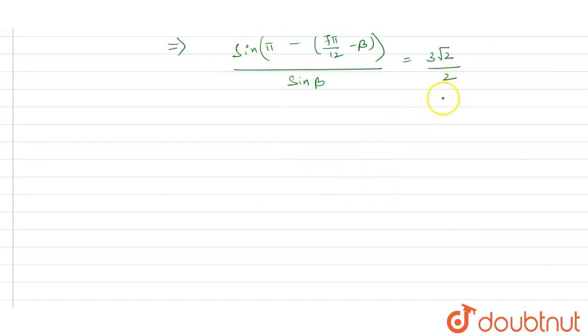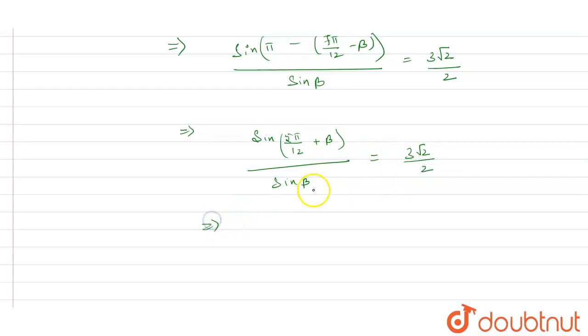So now it will become sine of (5 pi by 12 plus beta) upon sine beta is equal to 3 root 2 by 2.